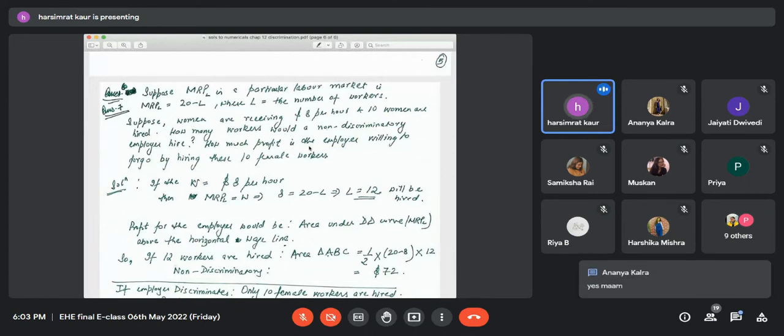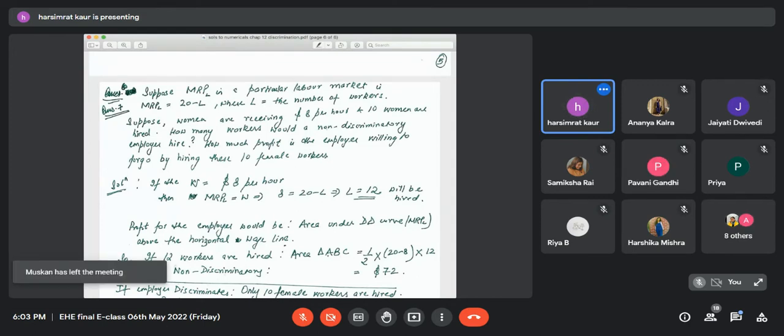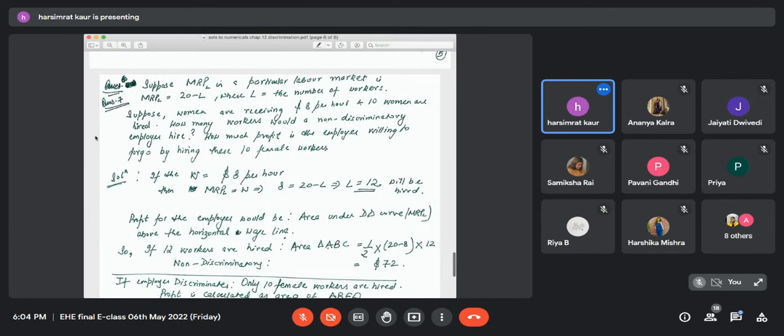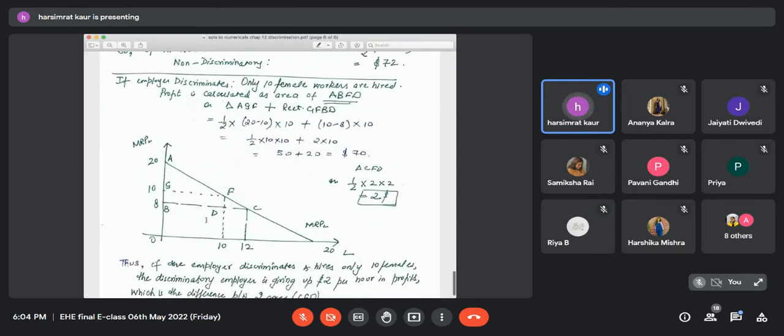A discriminatory employer is hiring only 10 workers, so the wage he provides is 10.